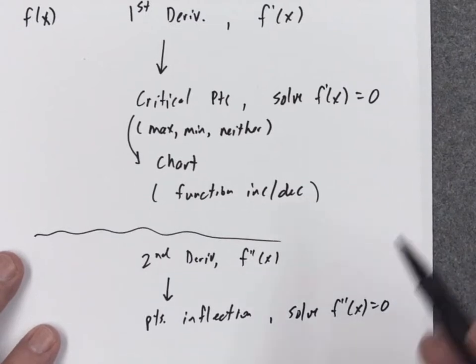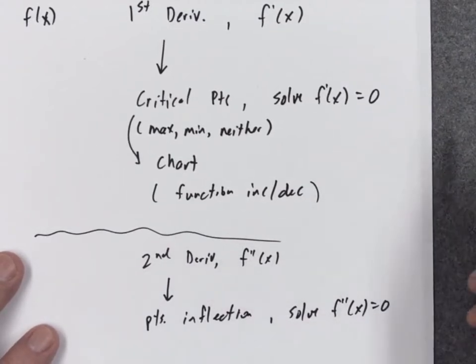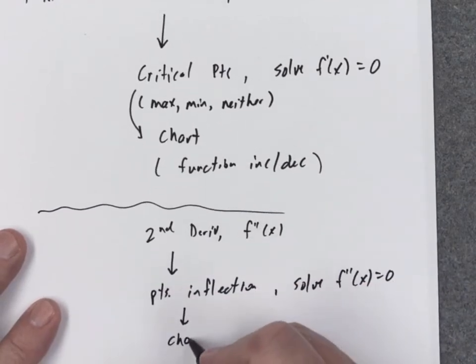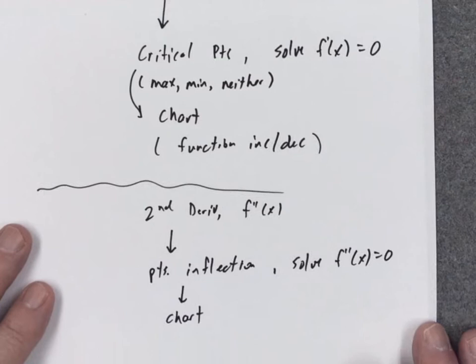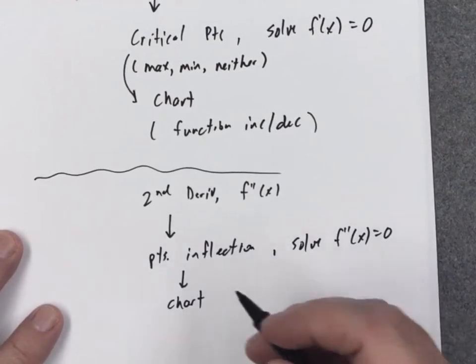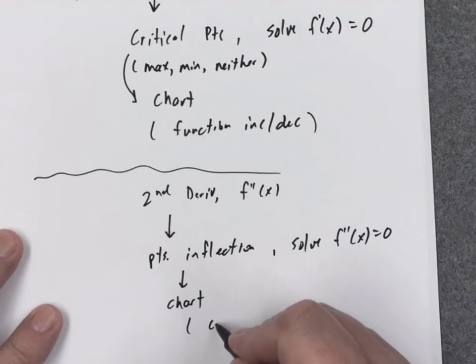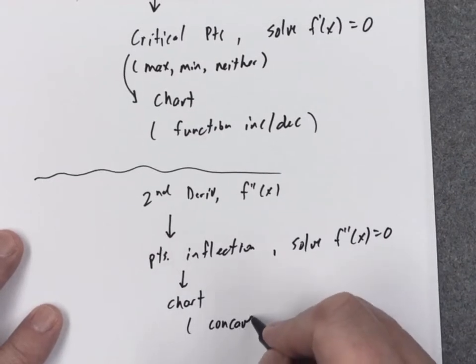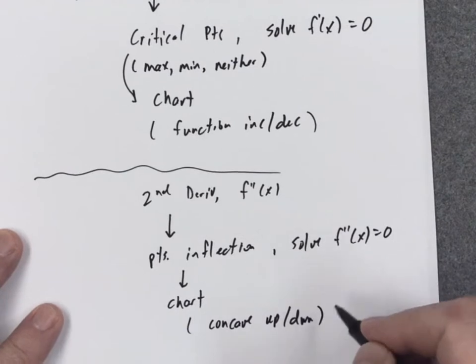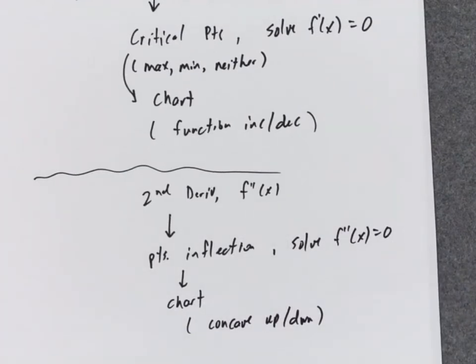When we solve that, those are going to be the points of inflection. Then, based upon the points of inflection, we can create a chart, and then the chart is going to tell us for our function or our graph where it's concave up and where it's concave down.